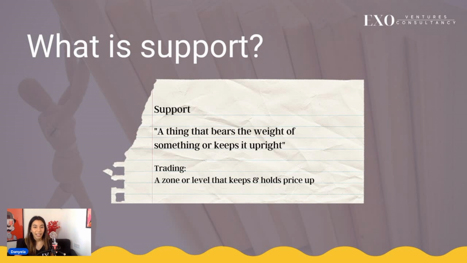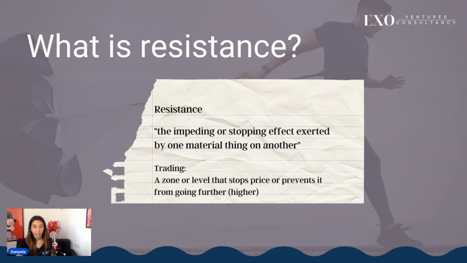Okay, now let's get into resistance. The official definition is the impeding effect or stopping effect exerted by one material thing on another. Translated into trading, this is basically a zone or level that stops price or prevents price from moving forward or further.